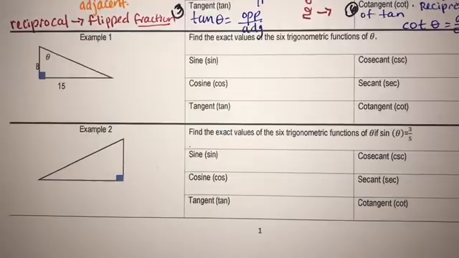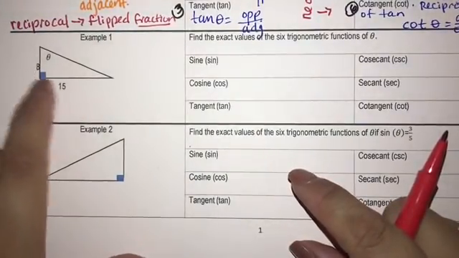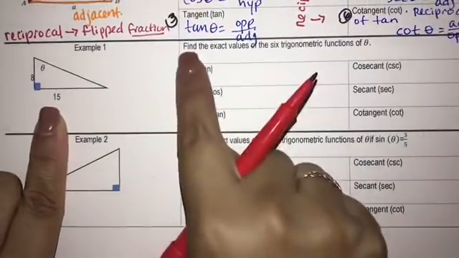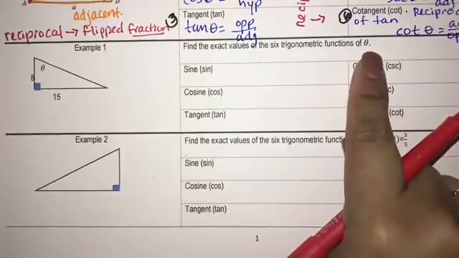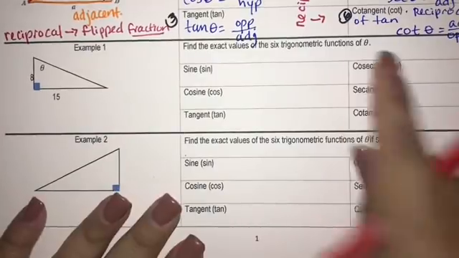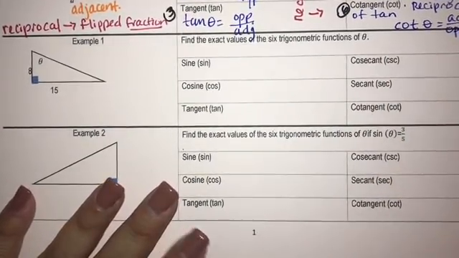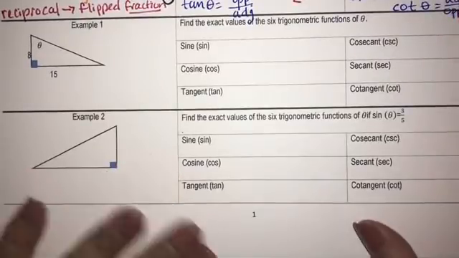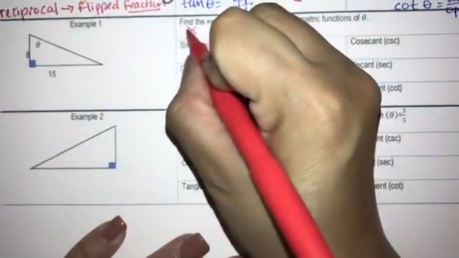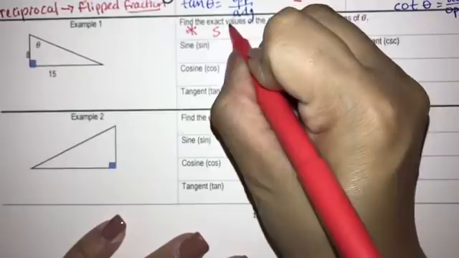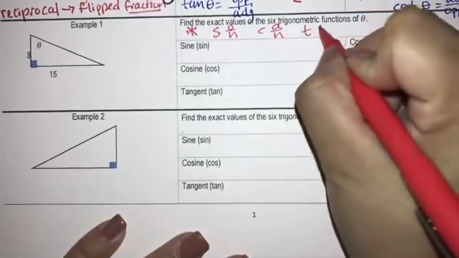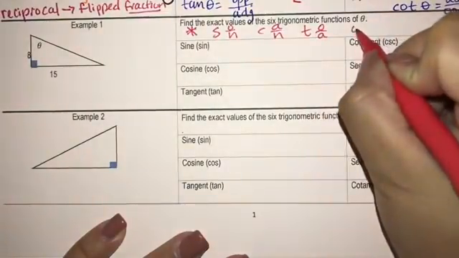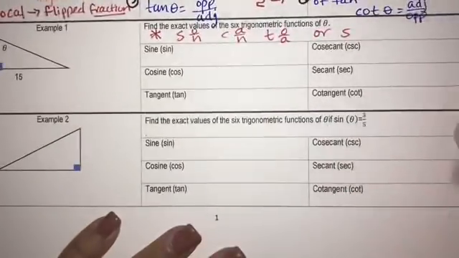Okay, so let's look at example 1. In example 1, we're given the sides 8 and 15. And the instructions say, find the exact values of the 6 trigonometric functions of theta. If you're having trouble memorizing the sides, you're going to remember SOHCAHTOA.